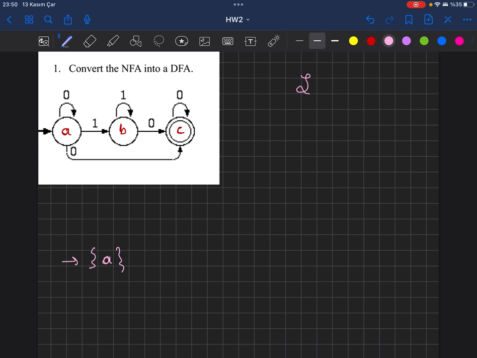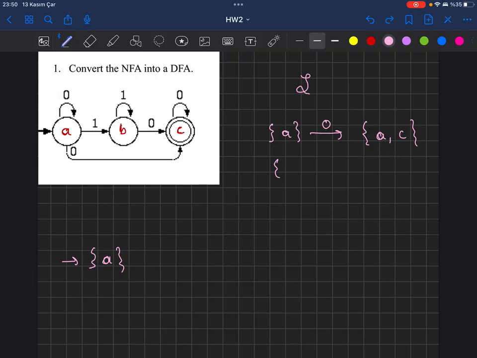I won't draw this symbol. I will just use the transitions normally. Okay, first in the A state, if we go with the 0, we can go to A and C. So we will write A and C. Then we have a new state, by the way.